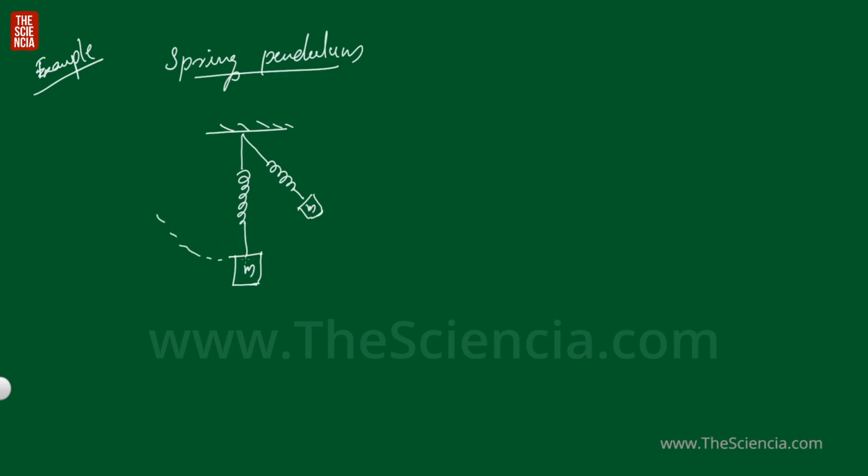See, it will oscillate like this. Here, when the mass is at this position, the spring will elongate. So this total length is L plus x and this is angle theta.